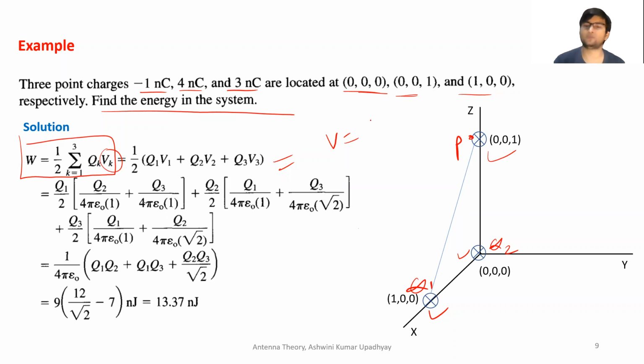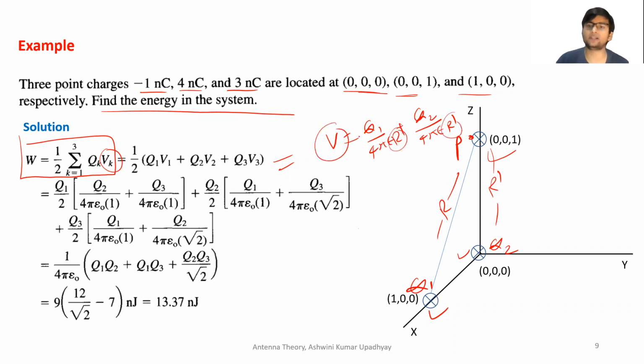So you apply the formula q1 upon 4 pi epsilon R, let me call this distance capital R, plus, because of this q2, q2 upon 4 pi epsilon R dash, let me call this R dash. So you have to calculate these magnitudes R and R dash, and this is how you will get the voltage at this particular point p.